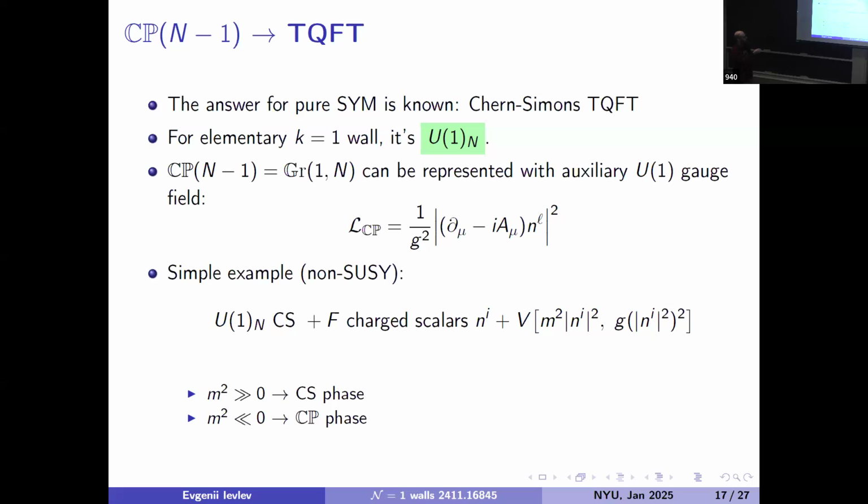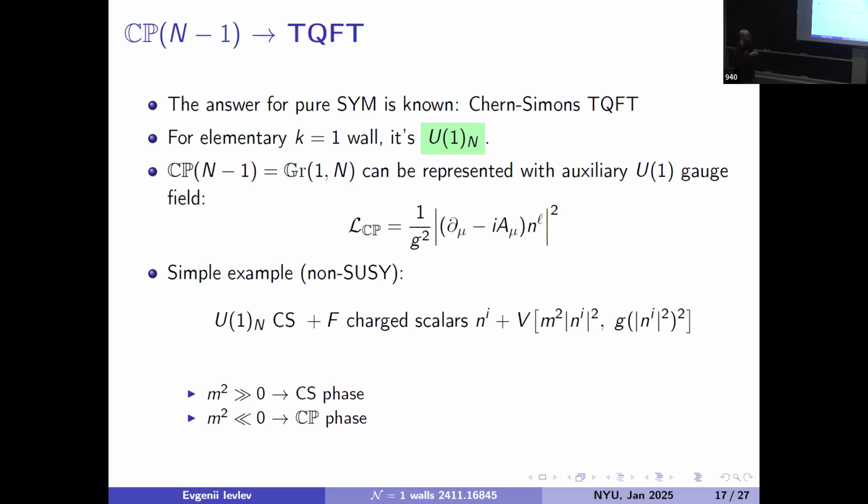the simplest Grassmannian sigma model, which is the CP^1 sigma model, can be recast as a gauge theory with an auxiliary gauge field. If you introduce this A_mu gauge field without a kinetic term and integrate it out, you recover the nonlinear formulation of the CP^1 sigma model.